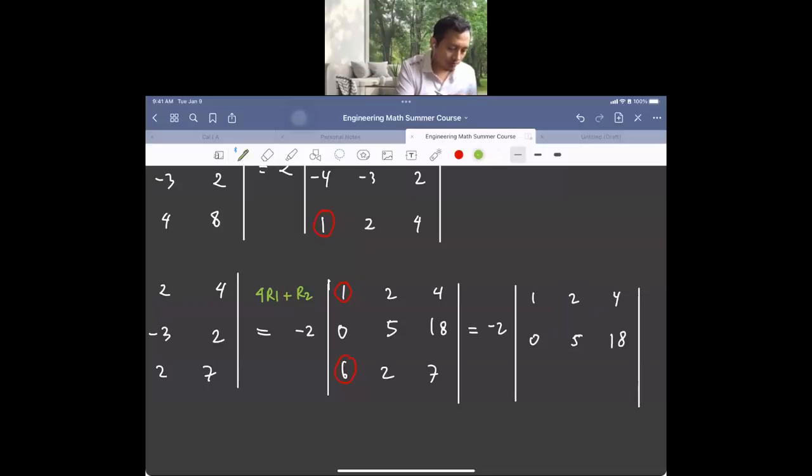So this will be 6R1 minus R3. 6 minus 6 is 0. 6R1, so 6 times 2 is 12, minus 2 is 10. 24 minus 7 is 17.